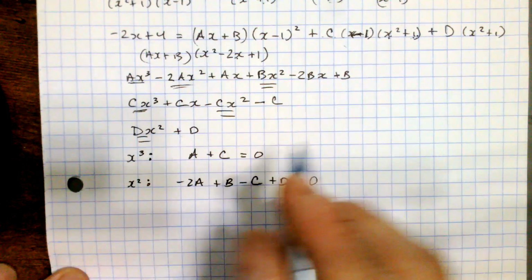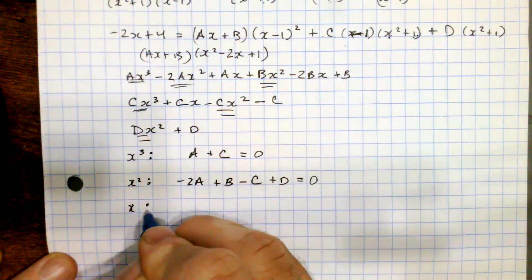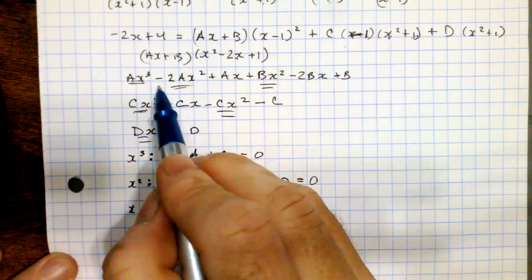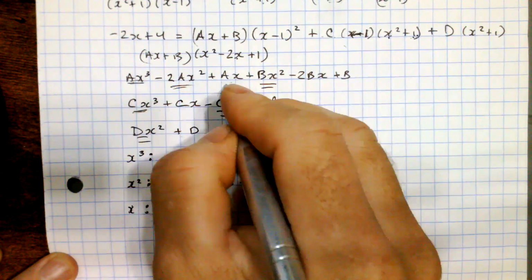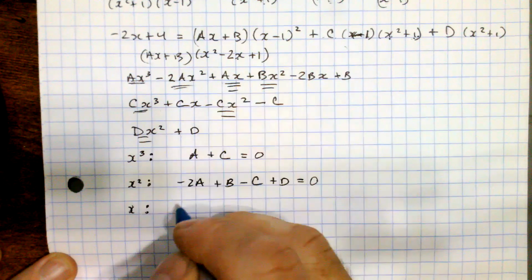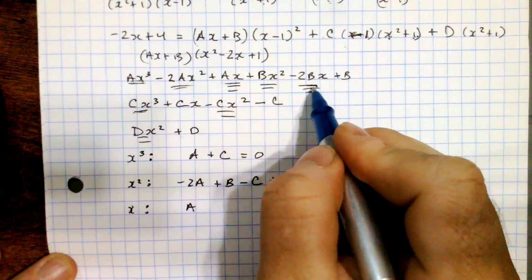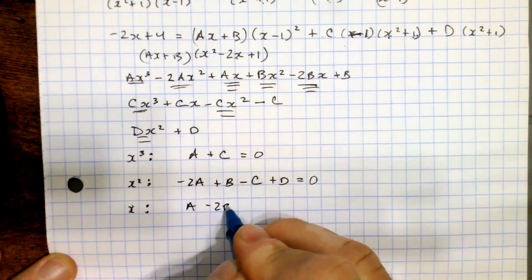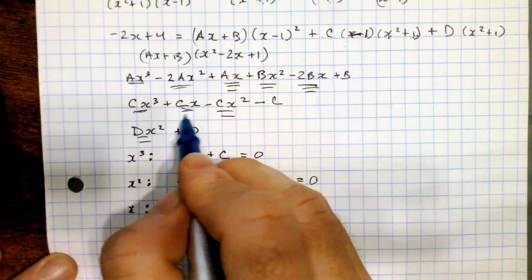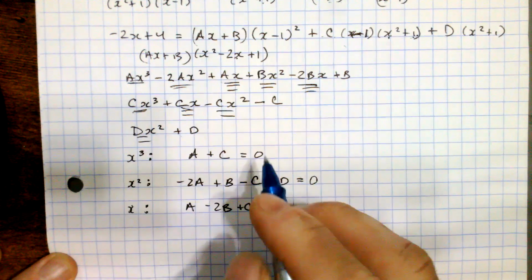Okay, and then I have an x term. I have an a there, and a minus 2b there, and then a plus c there.